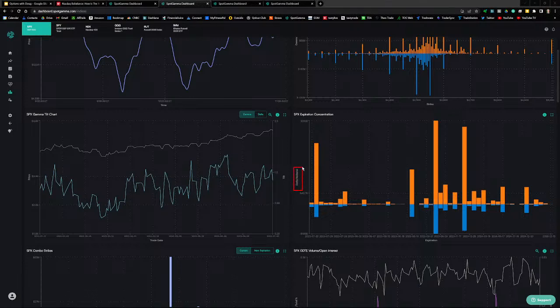This is delta notional for the July expiration. Pretty similar chart, actually. The delta notional is higher for SPX and QQQ, but what this is showing is call delta with the orange line and put delta with the blue bar.